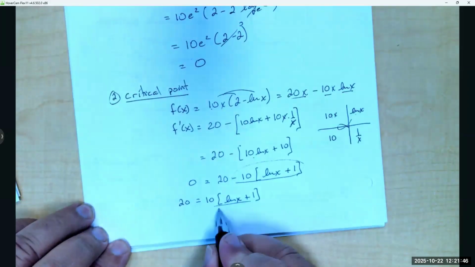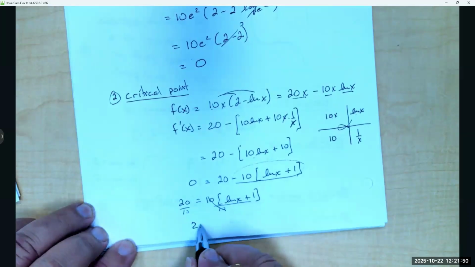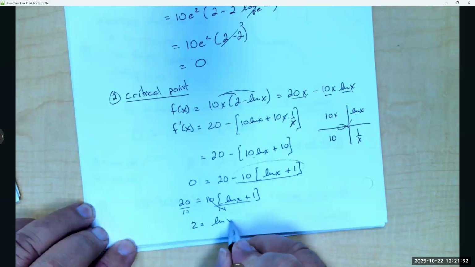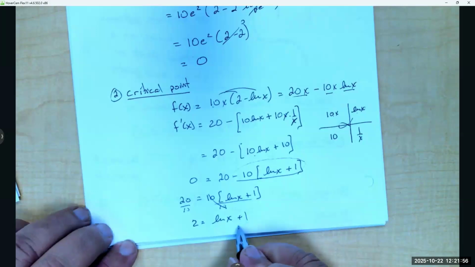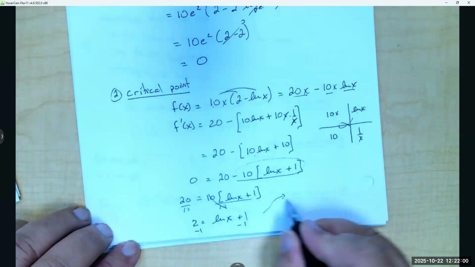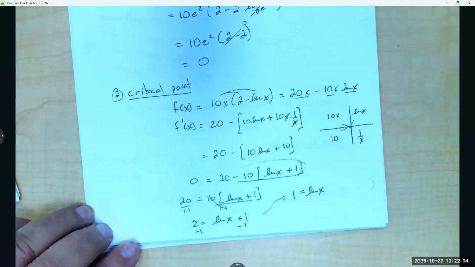Divide both sides by 10. So it's 2 is equal to ln x plus 1. Subtract 1 from both sides. 1 equals ln x.